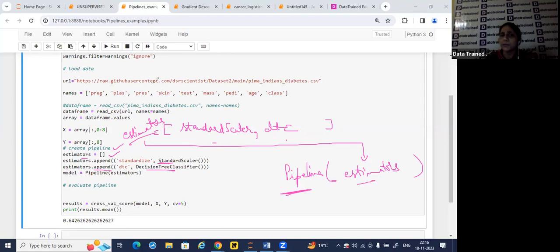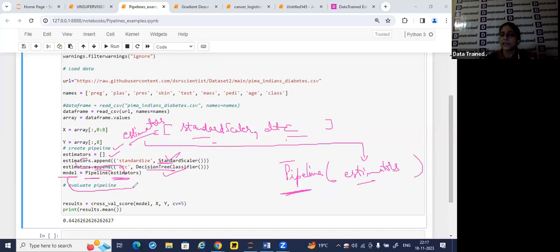This pipeline is coming from where? From sklearn.pipeline import Pipeline, and I call it here. So this pipeline is going to make the pipe of standard scaler and decision tree classifier. Inside this estimator we have a pipe of standard scaler and decision tree. This is an instance of the pipeline we created.